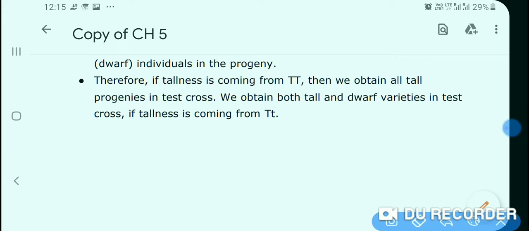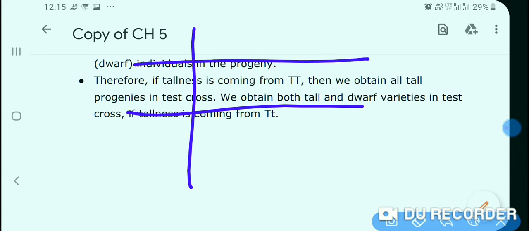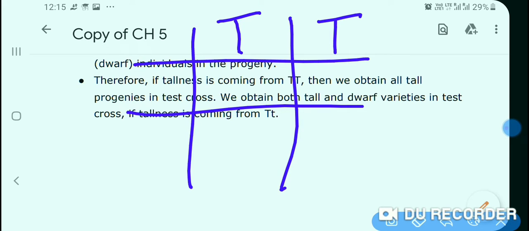Here we will also know about the back cross. What is a back cross? Take the dominant parent. This was the dominant parent, and take any one plant of the F2 generation and make them cross.